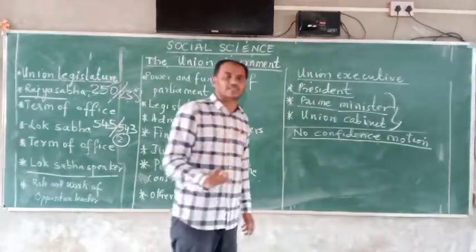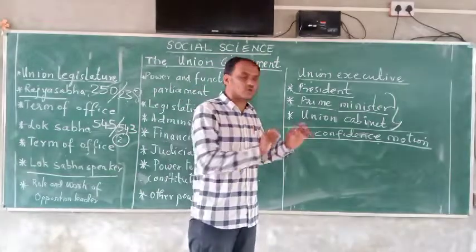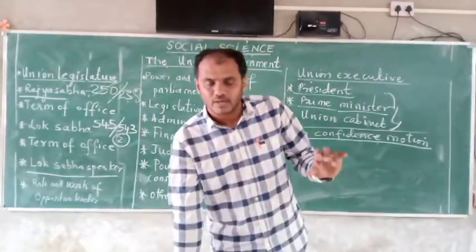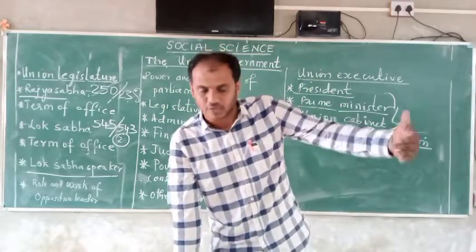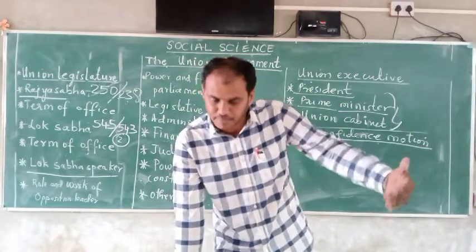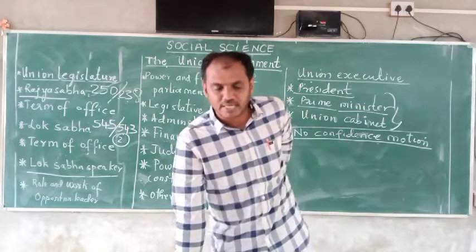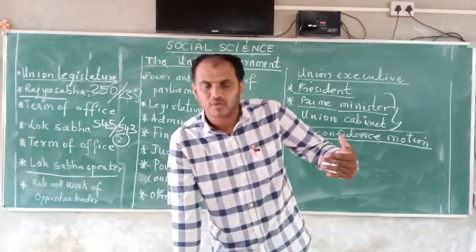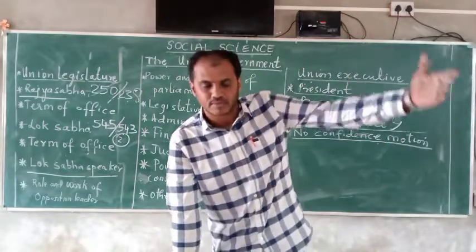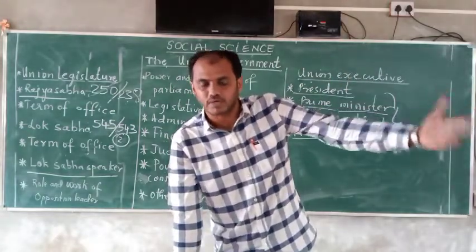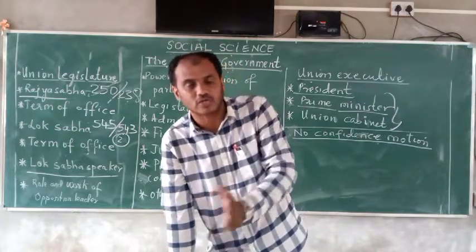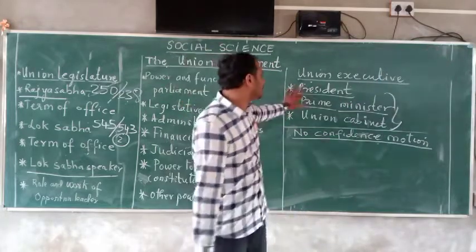In the name of the President, they will run the government and the administration. The President is the head of the country and enjoys all the powers, etc., but the real head of the government, the real head of the executive, is the Prime Minister.